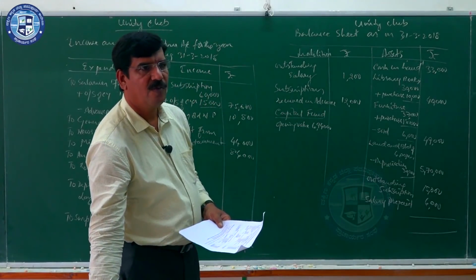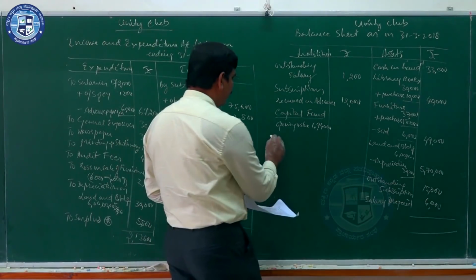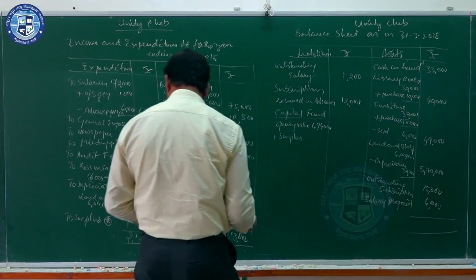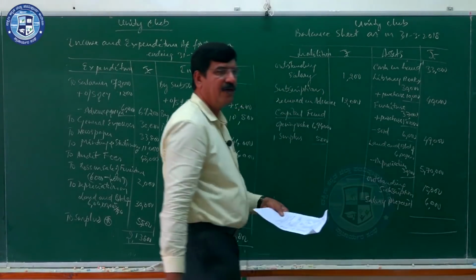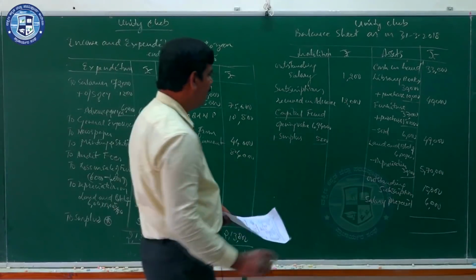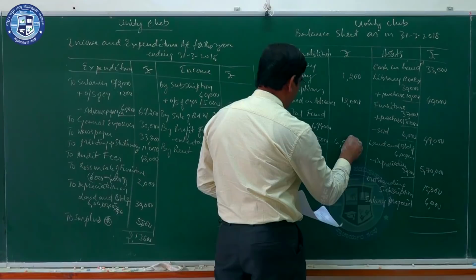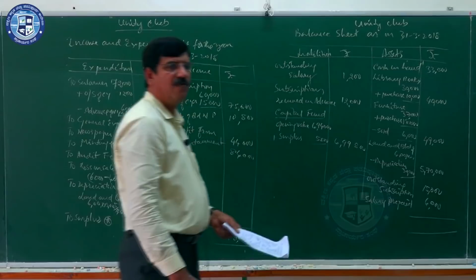So here in this problem no other items are capitalized, so you add up surplus. The amount of surplus is 5,800. So once you add up this 5,800, the total amount will be 6,99,800.